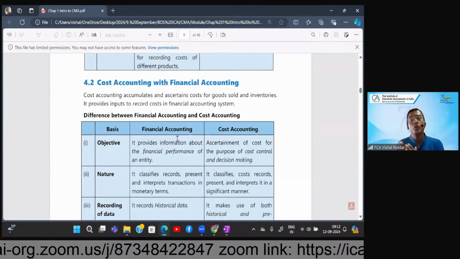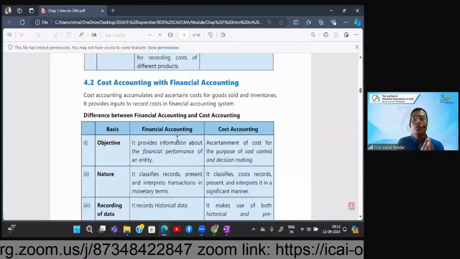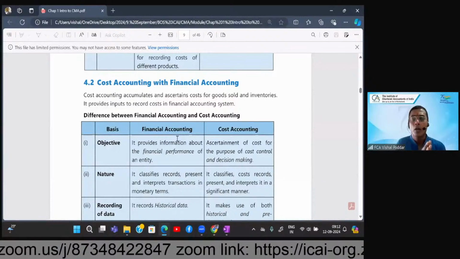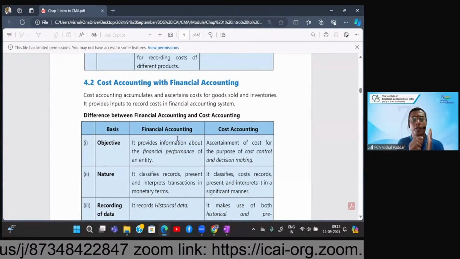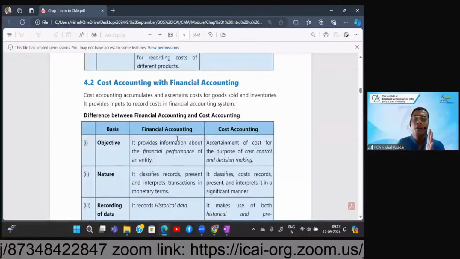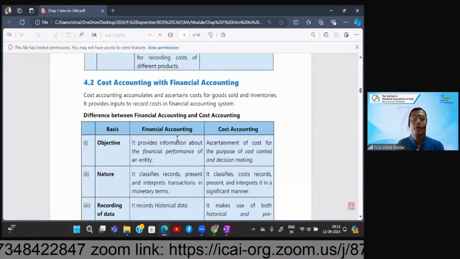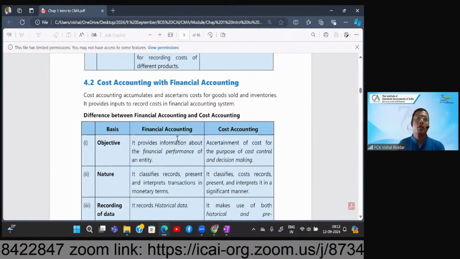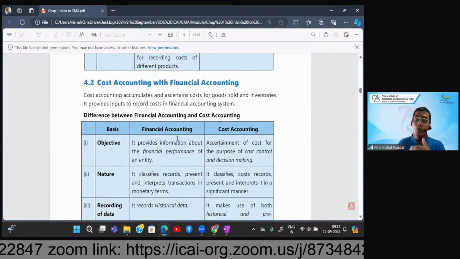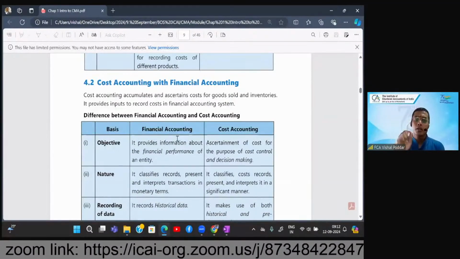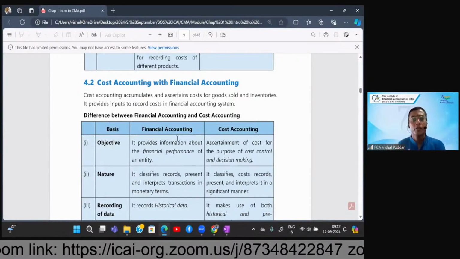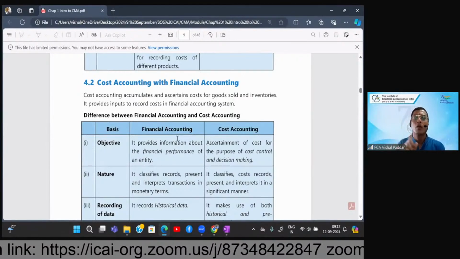Second, as you saw in your accounts, what is the name of the expenses? In your trading P&L, the name is purchases. It is some direct wages. It is some rent. It is some printing and stationery. It is some repairs. But in your cost accounting, the names are not these. When you go to the chapter of cost accounting, the ledger accounts that we will prepare and the entries that we will pass will obviously cover expenses, but the name will not be purchase.